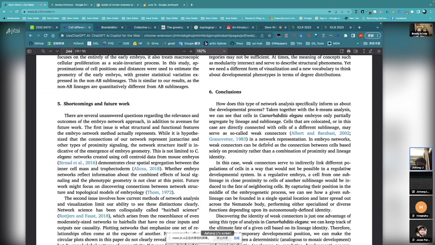So that means information about connectivity will be very helpful for us to analyze whether two cells come from the same sublineage tree or from different ones, and some related information like this.